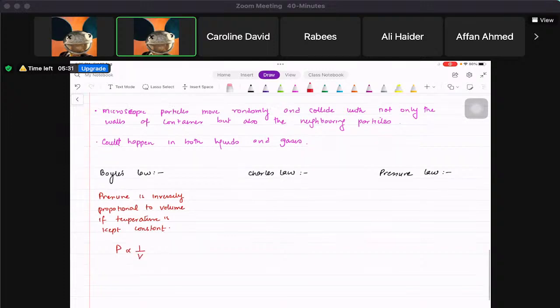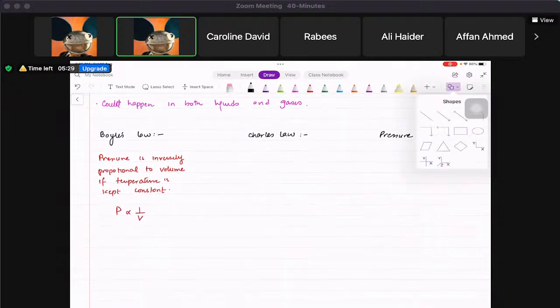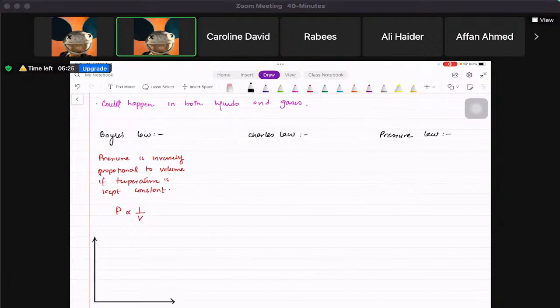So if you draw a graph, you have pressure, you have volume, and it would look like this. For this to happen, you must keep the temperature constant. So if you apply some pressure, like you're pressing something, automatically the volume is going to decrease. If you release the pressure, so pressure is less, the volume is going to be more.